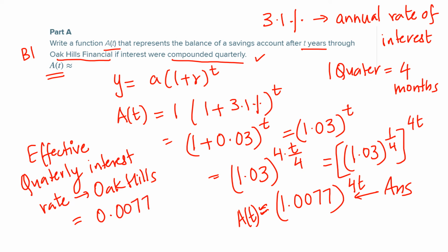And now if I want to convert into percentage, I move two decimal places. Approximately it is 0.77%. So you actually got the quarterly interest rate that was taken by Oak Hills. So it's an additional thing, but it's a good number to compare in the next step.